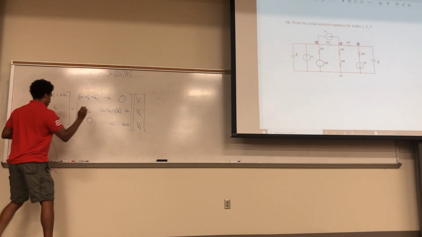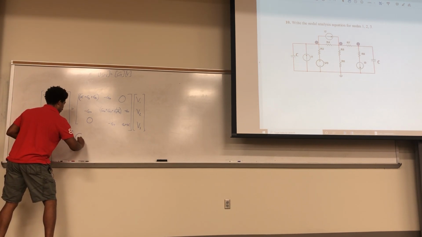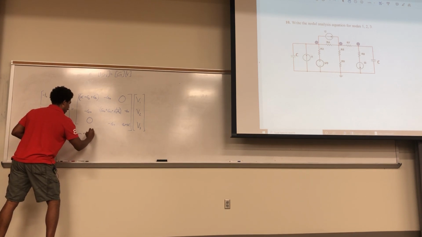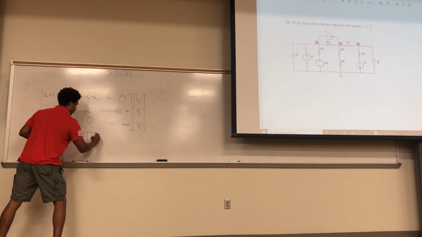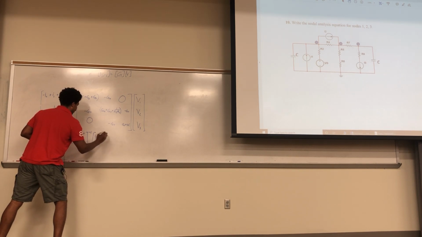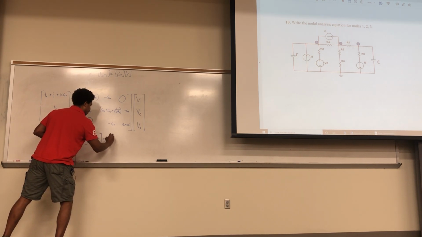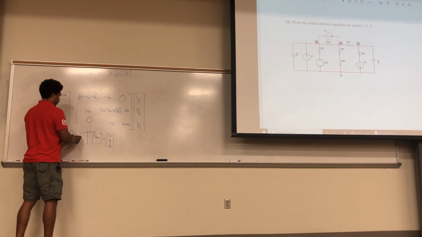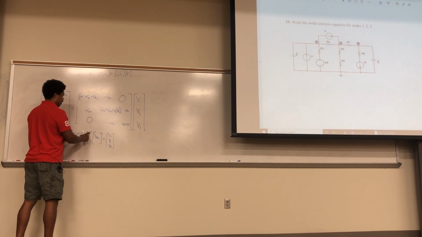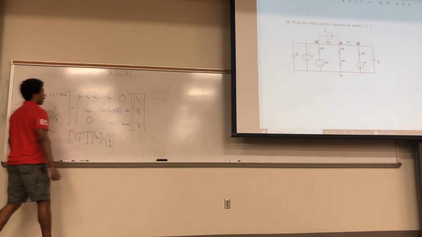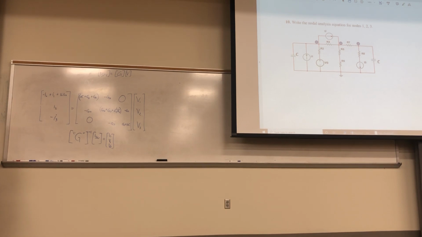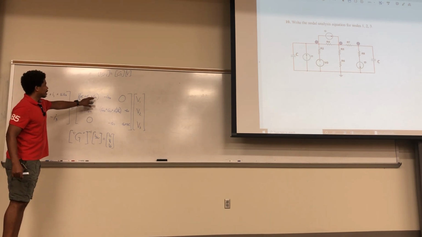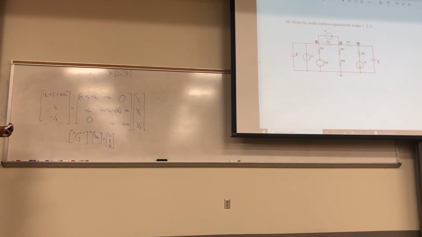Yeah, because this is what I think you're talking about, where this is the conductivity matrix, and it's that, and then here's your current sources, and here's your voltages. Is that what you mean? Okay, yeah. Yeah, so you would put your G's here, put that -1 there. Otherwise, if it's a 2x2, it'll be easy to do the inverse. If it's 3x3, it's doable, but it'll be time consuming. Yeah.